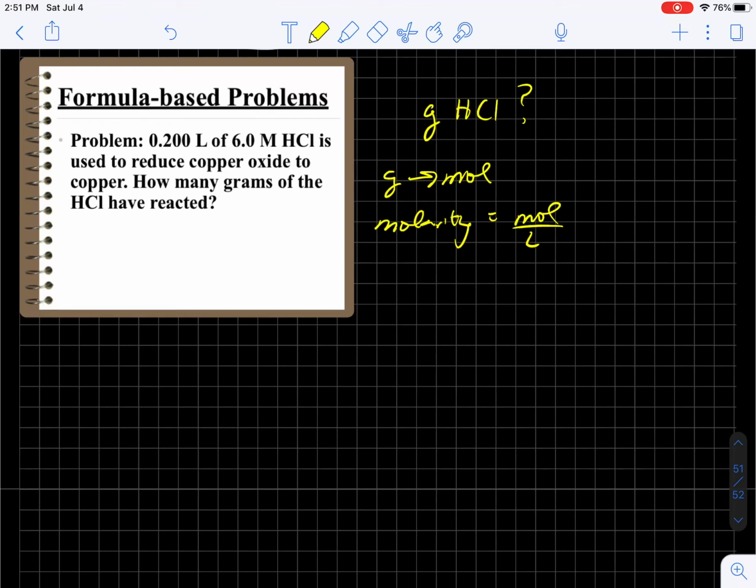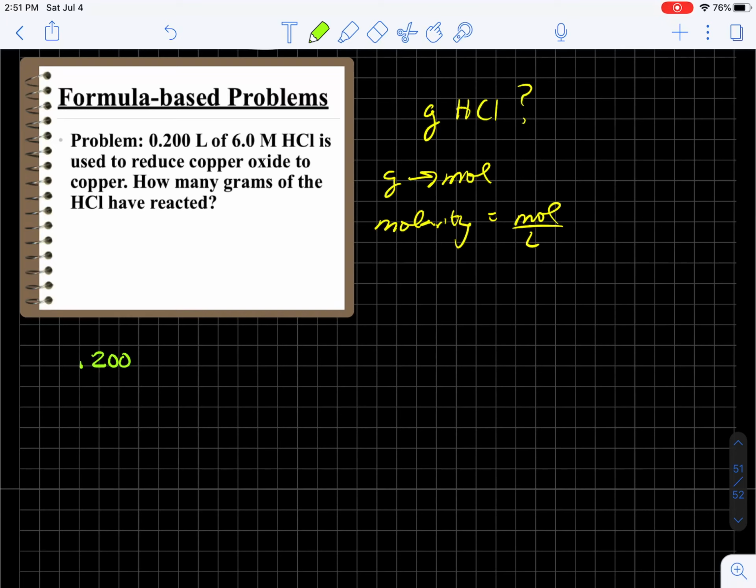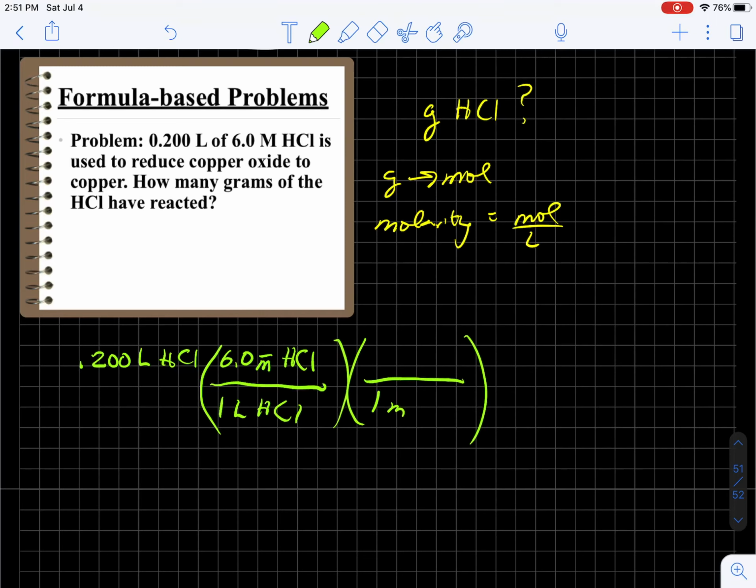And that's hard to determine, but it's actually the rating that is consistent throughout. So the thing I'm going to focus on here is how much of that material they gave us. So I'm going to start with 0.200 liters of HCl. And according to the molarity, I know that 1 liter of HCl is going to give me 6.0 moles of HCl. And now they want to know how many grams of that.